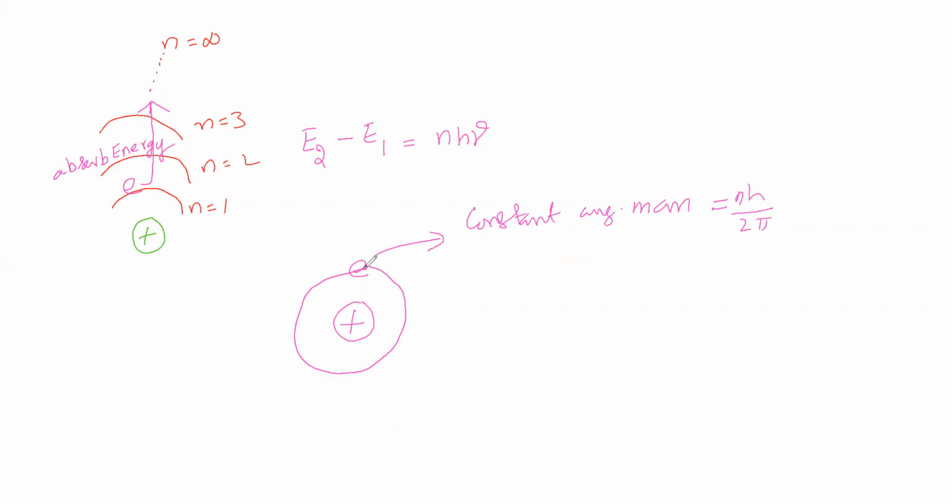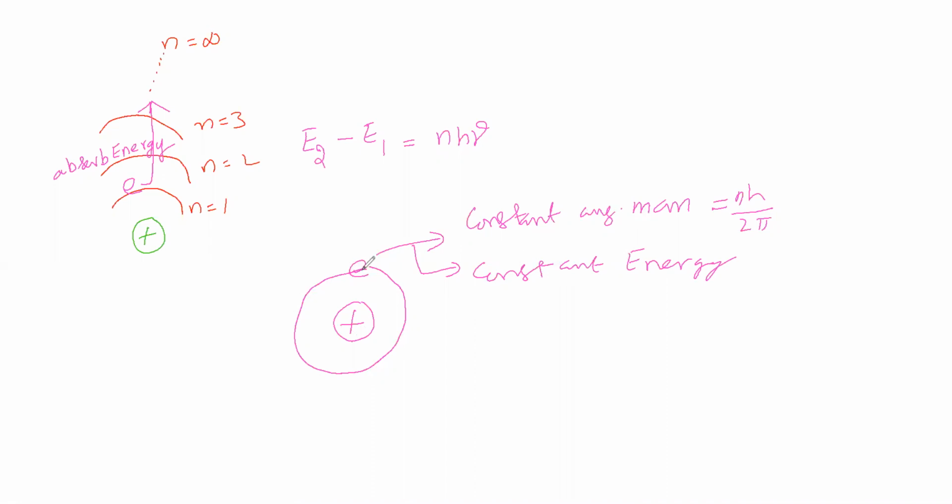If you do not disturb it, the electron has constant angular momentum, which means its energy is constant. Its energy stays constant until we give a disturbance. So the electron has constant energy and constant angular momentum, making a specific, stationary, constant circular path.